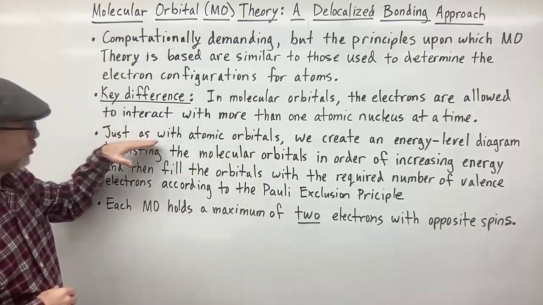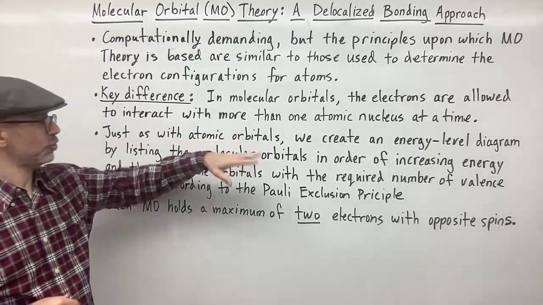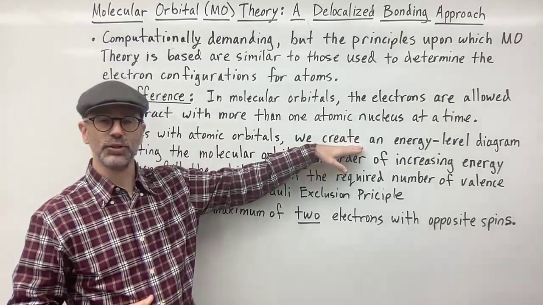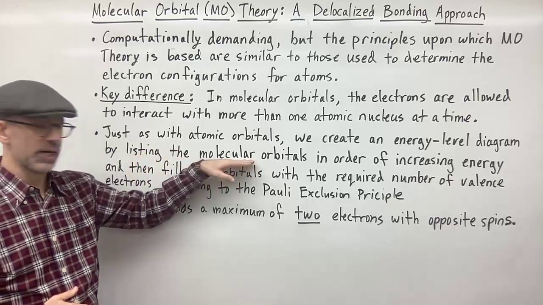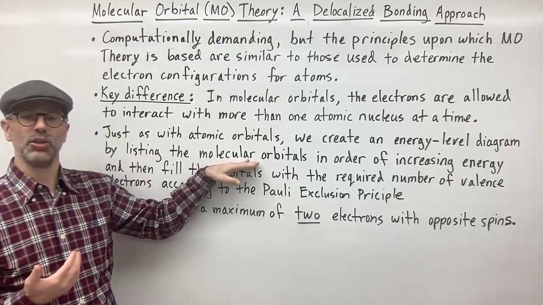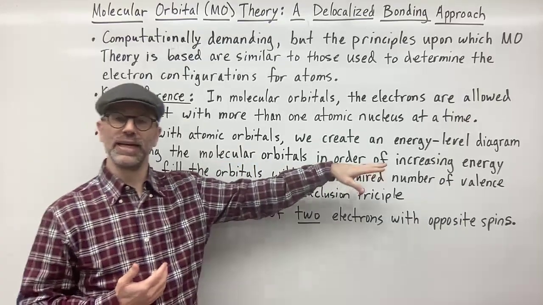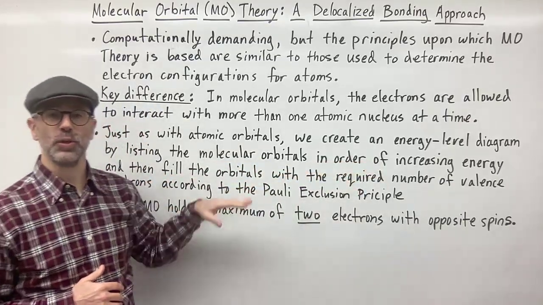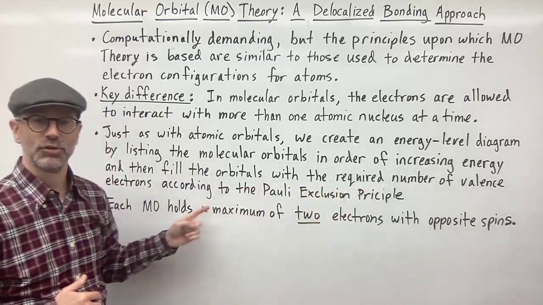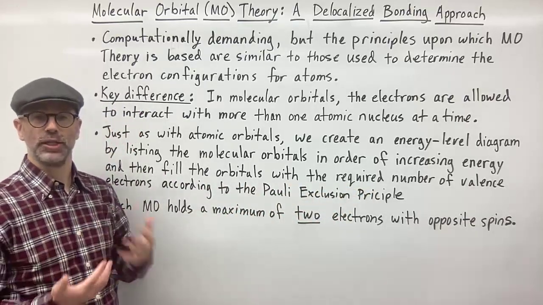Just as with atomic orbitals, we create an energy level diagram by listing the molecular orbitals, not the atomic orbitals, in order of increasing energy. Then we fill those molecular orbitals with the required number of valence electrons according to the Pauli exclusion principle.